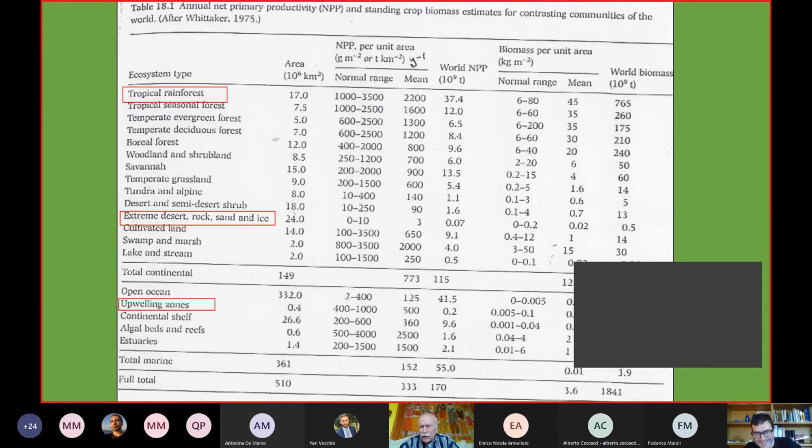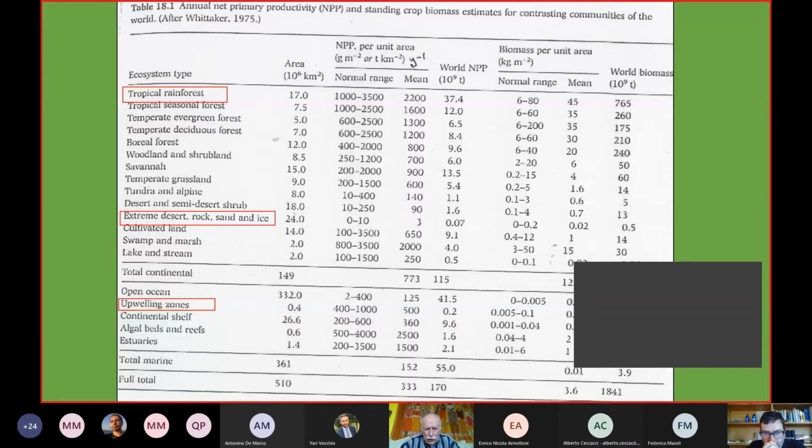Keep that in mind: 45 kilograms produce about 2 kilograms a year. Or in other words, it would take about 20 years, at that rate of production, to produce another 45 kilograms.